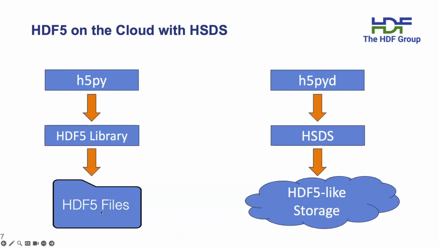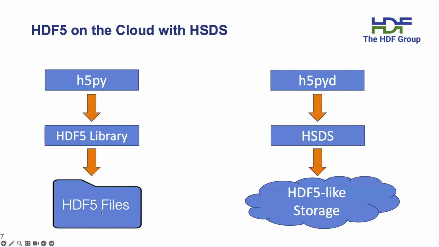And h5pyd is sort of the mirror image to h5py, as suggested by its perhaps slightly confusing name. In the same way that h5py is this Pythonic wrapper around the HDF5 library, making it easier to use, but still using it under the hood, h5pyd is a wrapper around HSDS. And the wrapping that it provides, the interface it allows you to use, is actually exactly the same as h5py's.